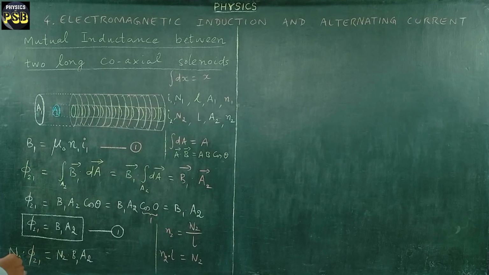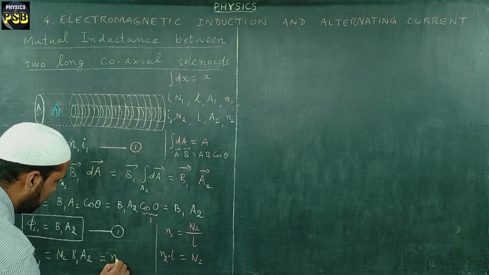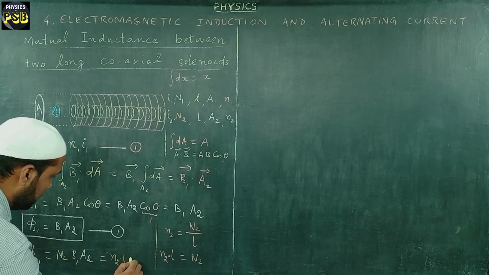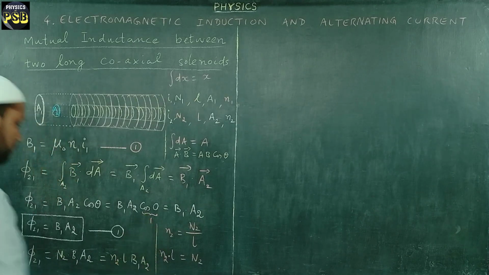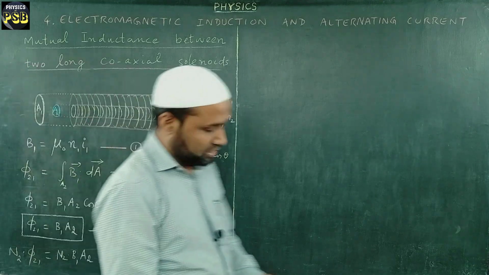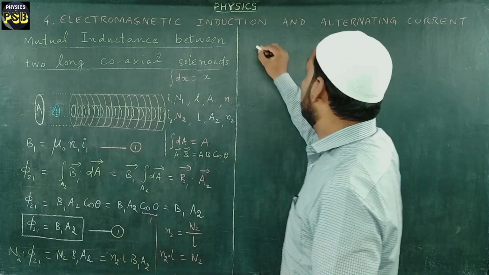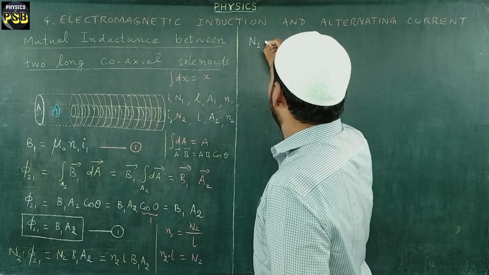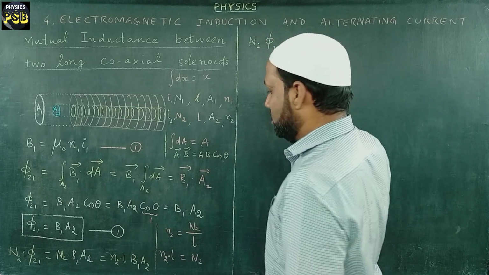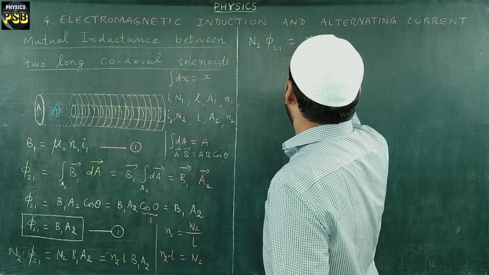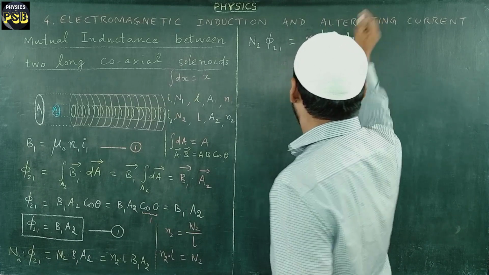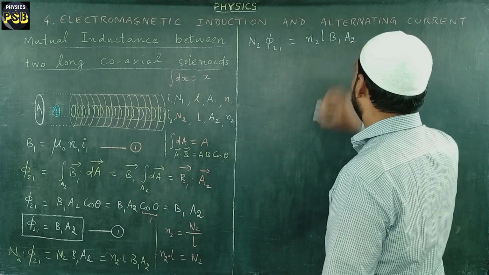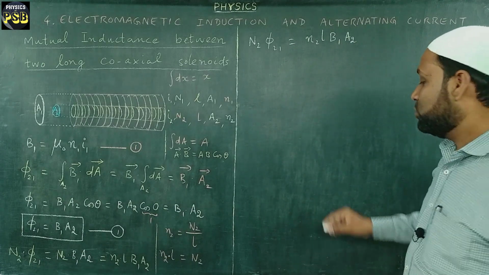So this is written as n2 multiplied with L, B1 A2. The next step, write this as N2 φ21 equal to n2 L B1 A2. Fine. I take this one as equation number 2.